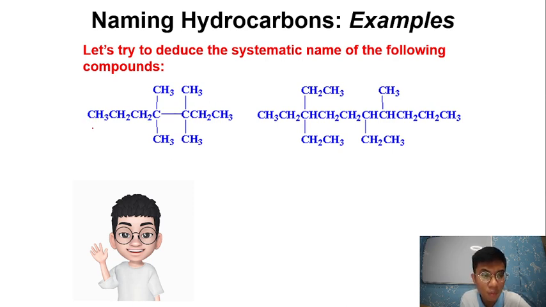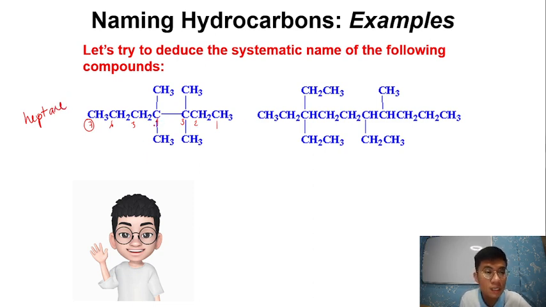So, starting 1, 2, 3, 4. So, nasa carbon number 4 yung unang substituent. Ito tayo start from the right, it will become 1, 2, 3. So, ang tamang arrangement ay from right to left. So, I'll just continue the numbering. So, this is 5, 6, 7. So, since may 7 dyan, so that is a heptane. Dahil alkanes naman yung pinag-uusapan natin.